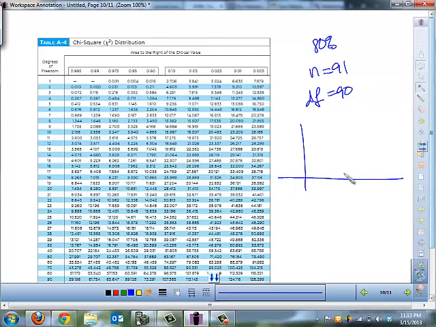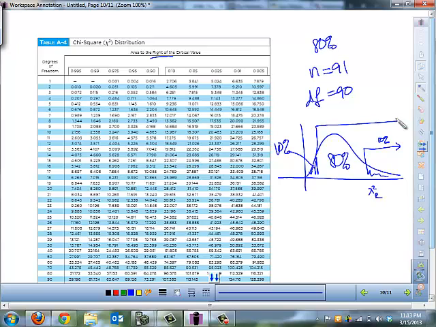If we look at our chi-square distribution, we want the area in the middle to be 80%. So that means the area of each of these tails will be 10%. But remember, this table is looking at the area to the right of the critical point. So the right-hand side, the chi-square R, is okay, but for the chi-square L, we have to consider the complement of 10%, which is 90%.